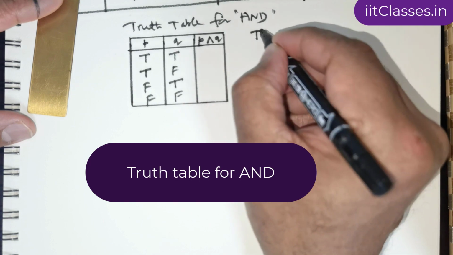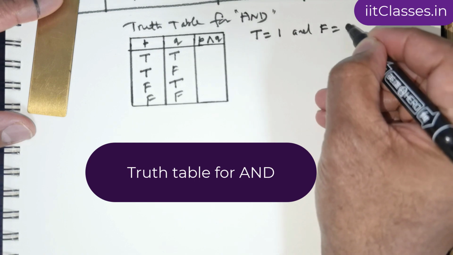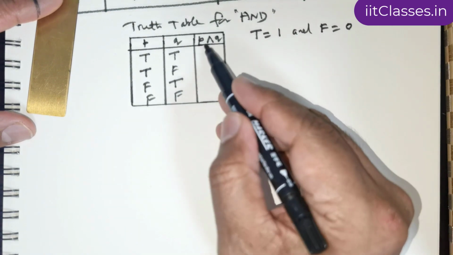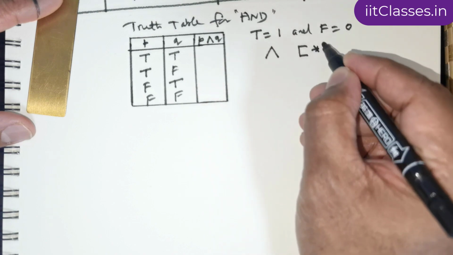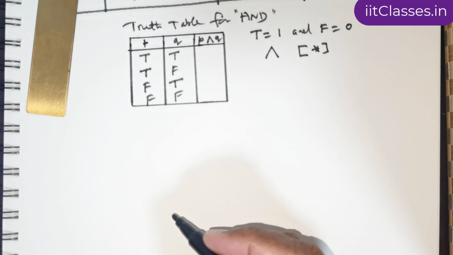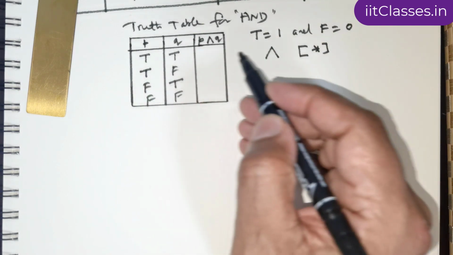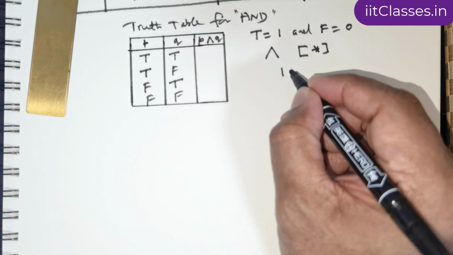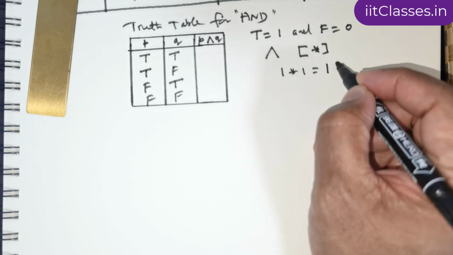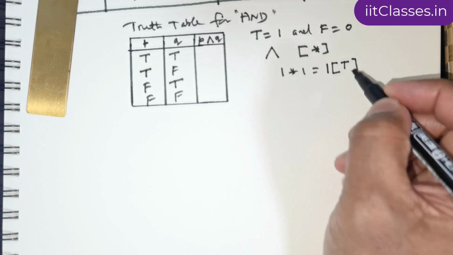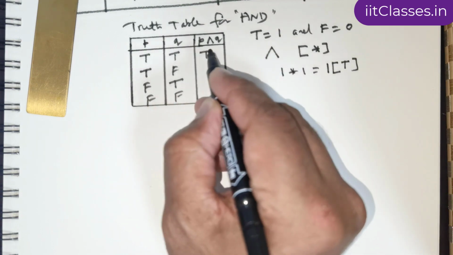Remember, T is taken to be 1 and F is taken to be 0. This operator which you see here is considered a product operation. So when I am telling you true and true, what happens when you multiply 1 with 1? You're going to get 1. In other words, you are going to get T. So true and true is going to be true.